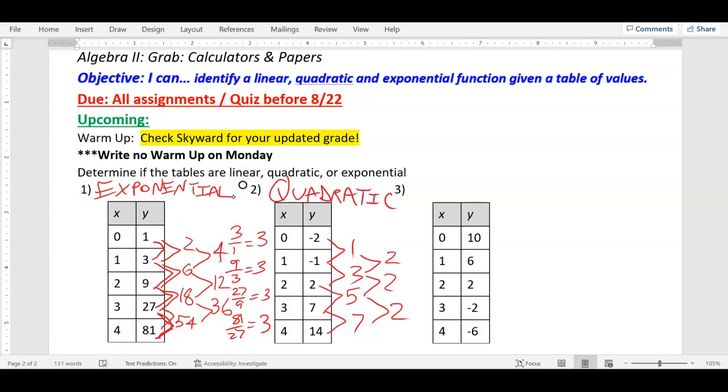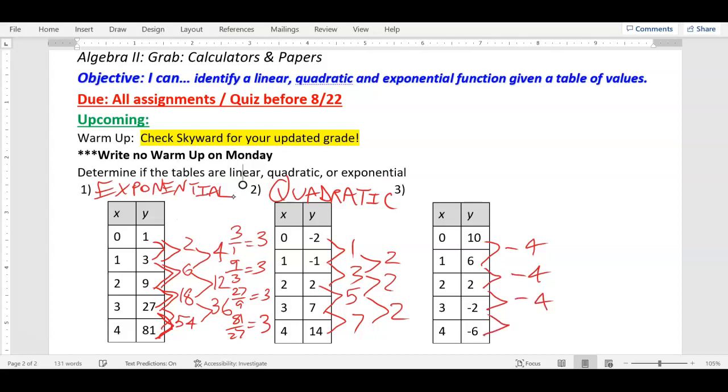Number 3. All right. Once again, let's try bottom minus top. 6 minus 10, not 10 minus 6. Negative 4. Okay. 2 minus 6. Hey, it's also negative 4. Negative 2 minus 2. Negative 4.